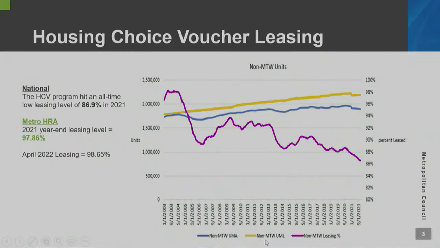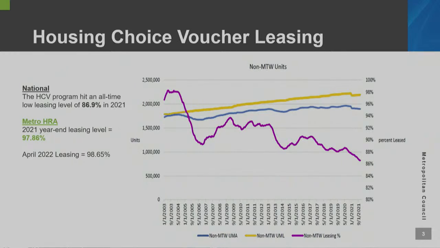So these charts get pretty busy, but we're a non-Moving to Work agency, so that's all that means. And these are all vouchers across the country. But as you can see, the national utilization in 2021 was at 86.9%. So like 87% of the vouchers were in use from a national perspective. That's really low.